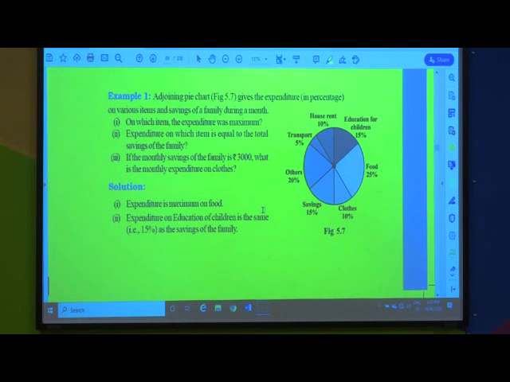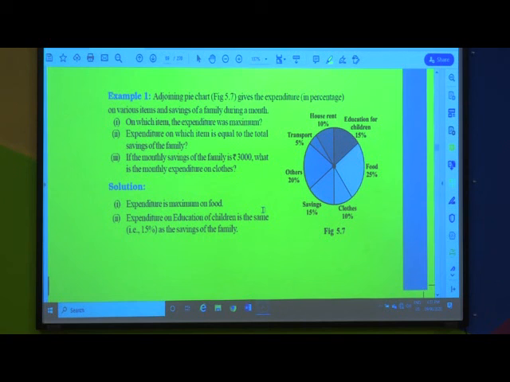It means the pie chart is representing the savings and expenditure chart of a family in the form of a circle, in the form of a pie chart. The pie chart is given to us. What are the questions? On which item was the expenditure maximum?